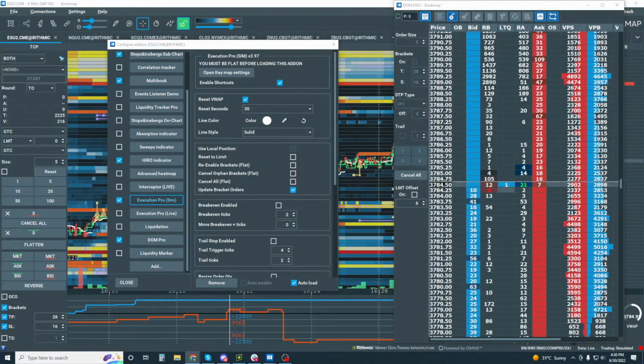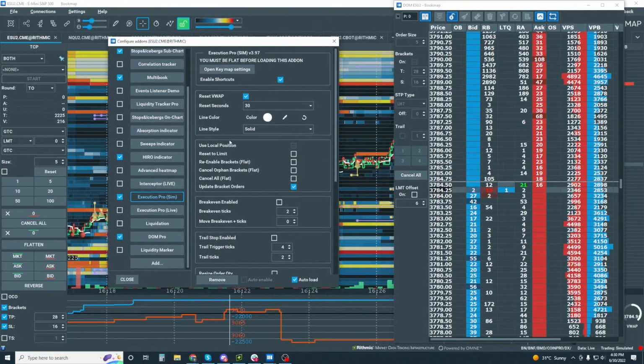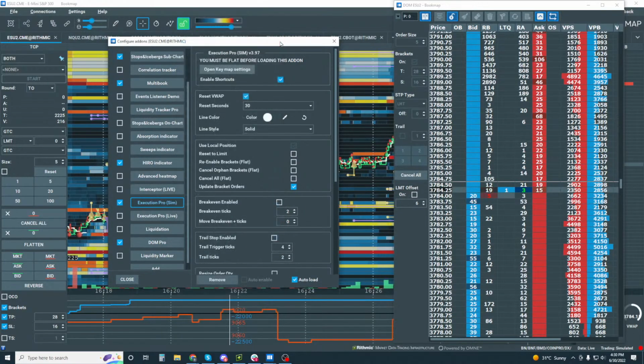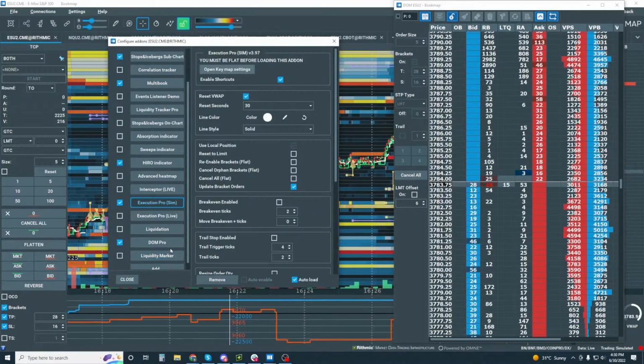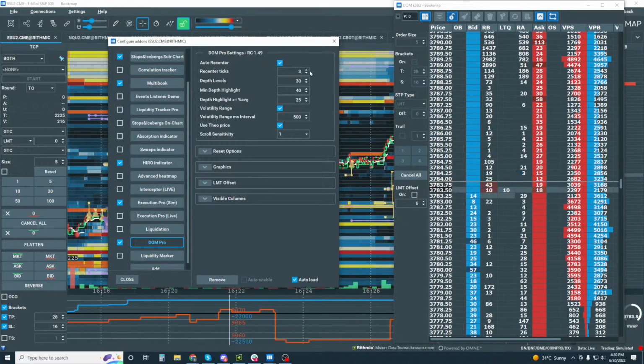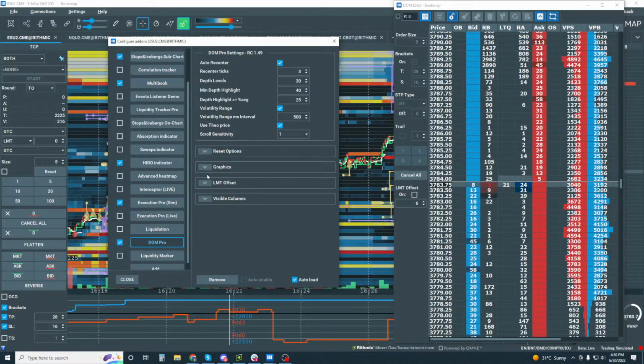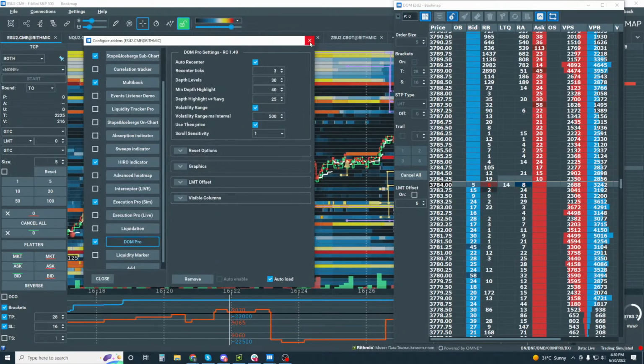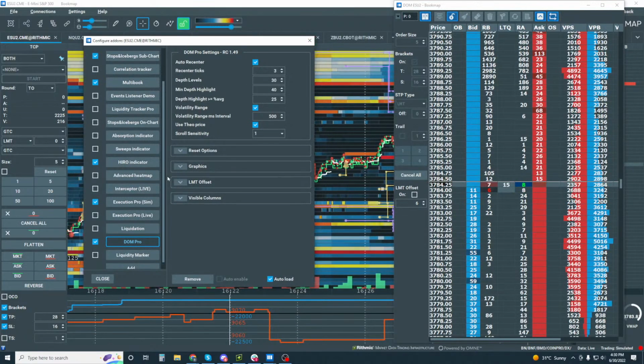Let's go back to the recenter options in DOM. It's hard coded into the DOM right now, so if you hit that key, it'll just recenter the DOM, even without auto recenter enabled.